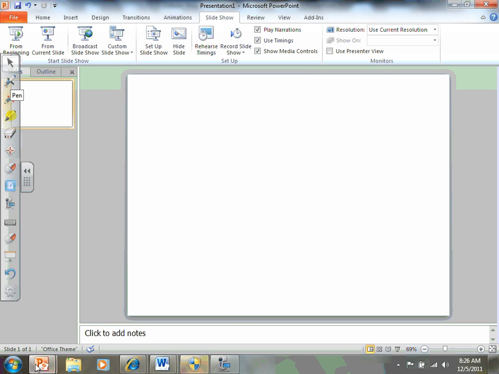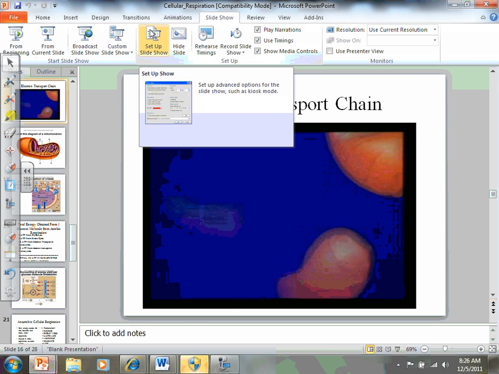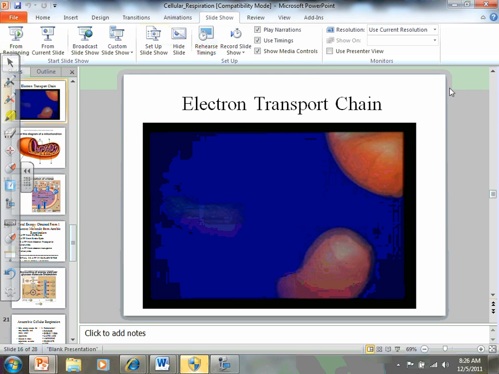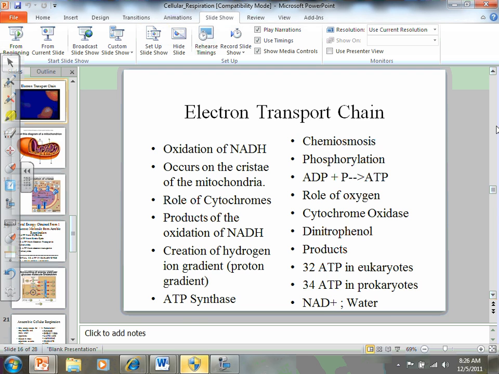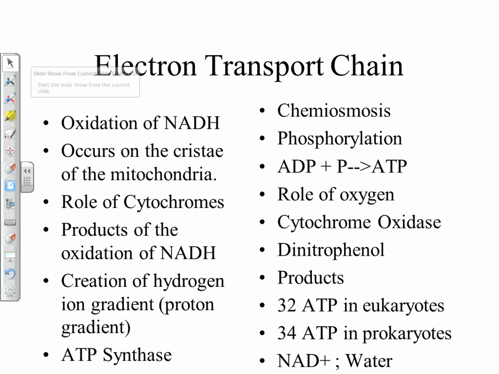So the main job of the cytochromes, it has two jobs. To move the electrons, number one, and to pump the H pluses. Now, one thing that we haven't talked about that we need to is this.